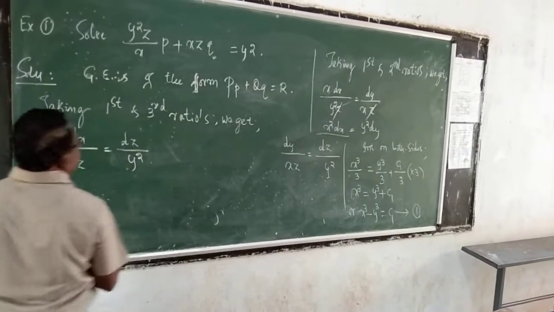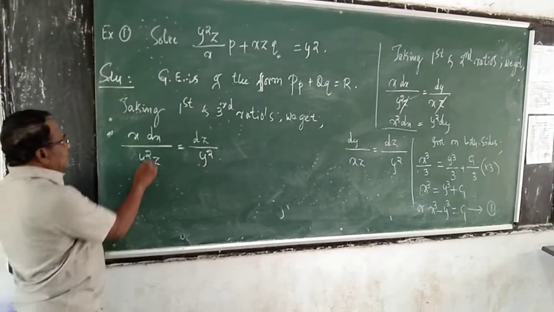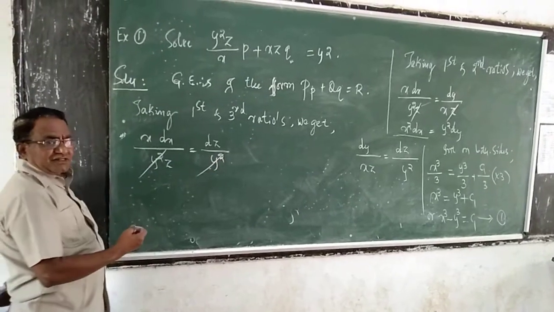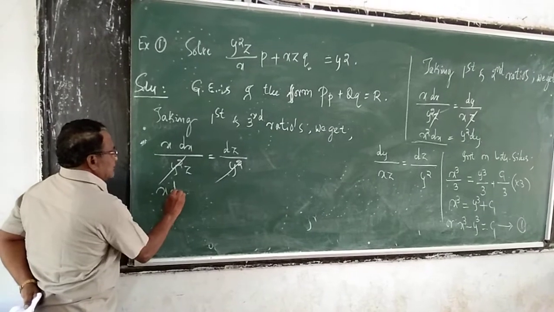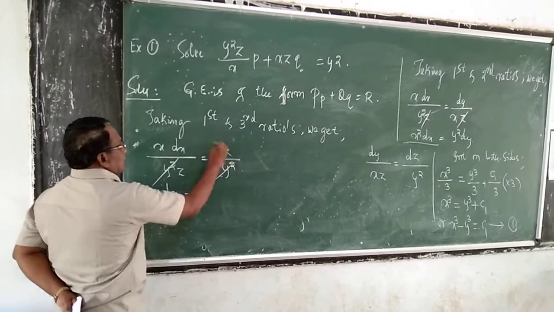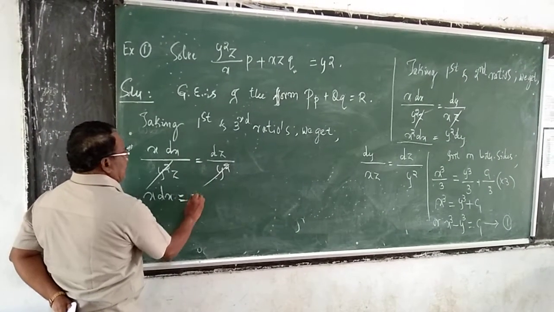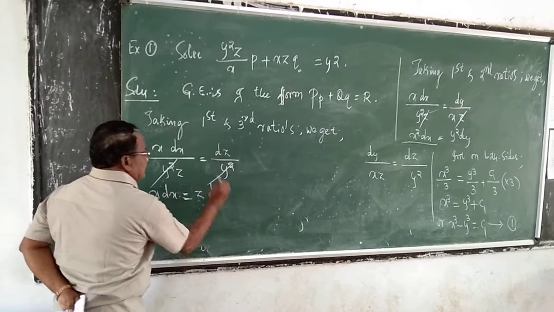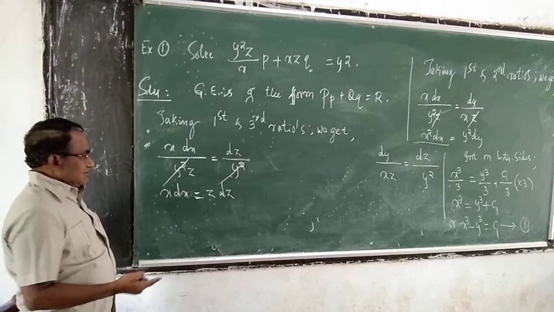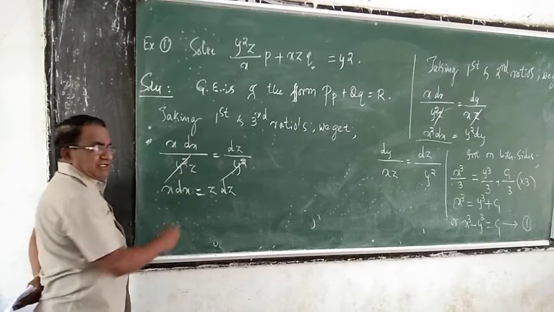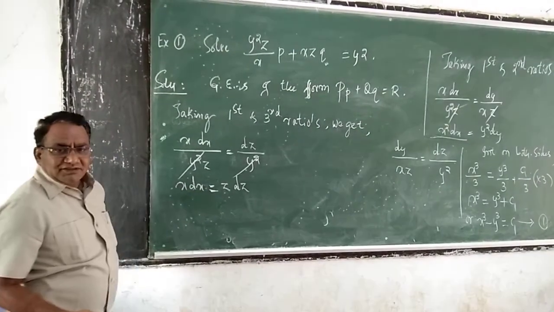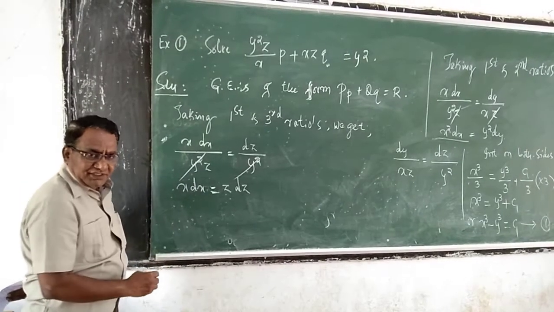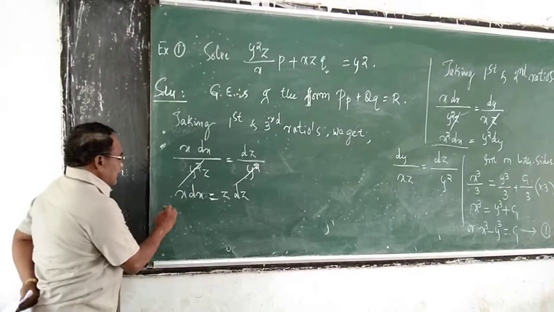And you can observe here y squared gets cancelled. x into dx remains as it is. On cross multiplication, you take this z to the right hand side. It is z into dz. And this is the equation left out here. And you integrate this on both the sides.